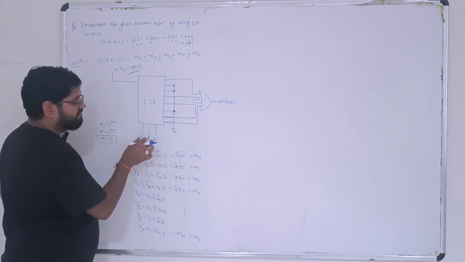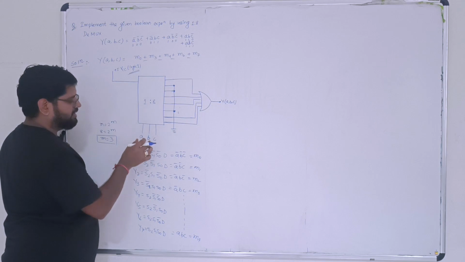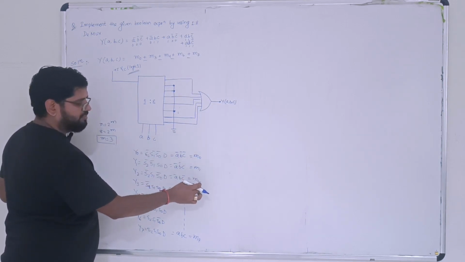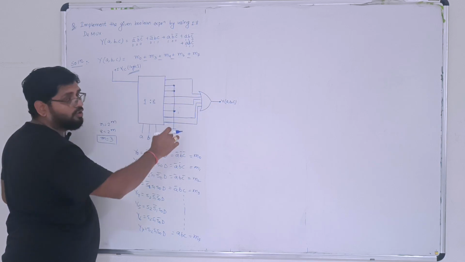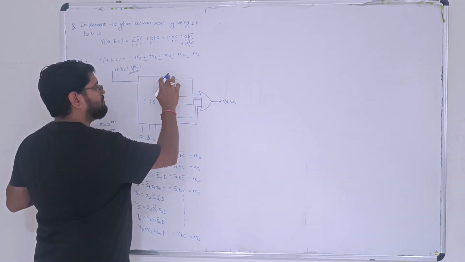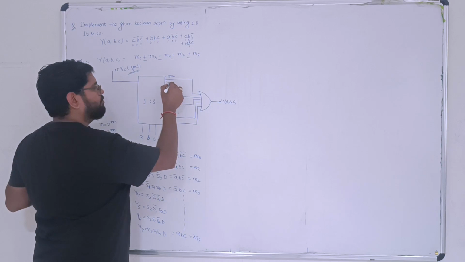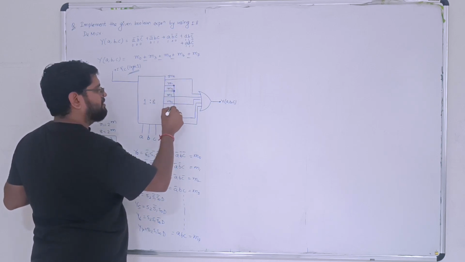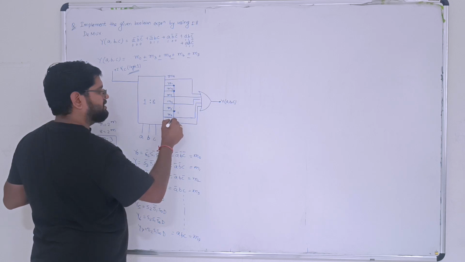If I give the data input as logic 1 and convert the select lines to A, B, C, we get M0, M1, M2, M3, up to M7 as the output.